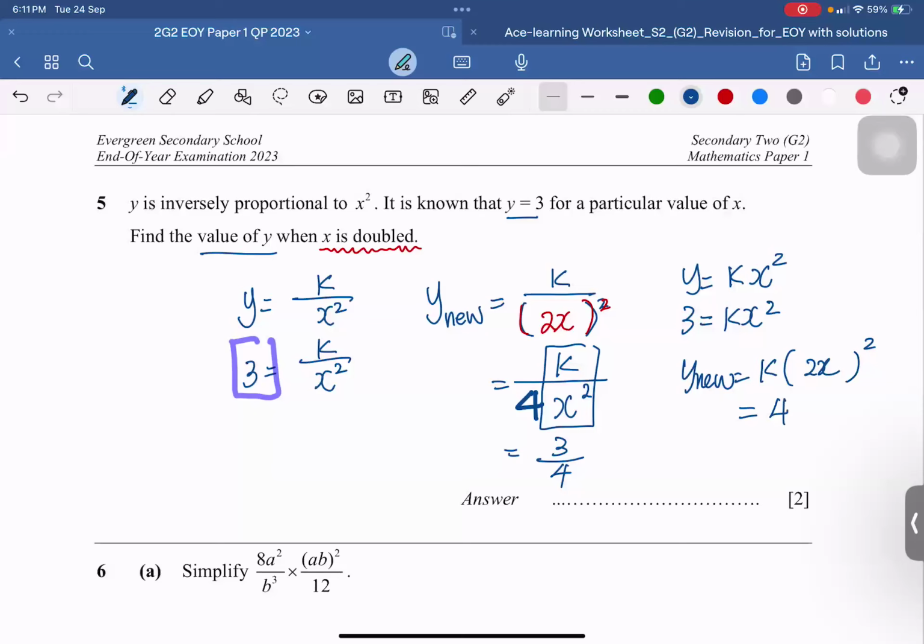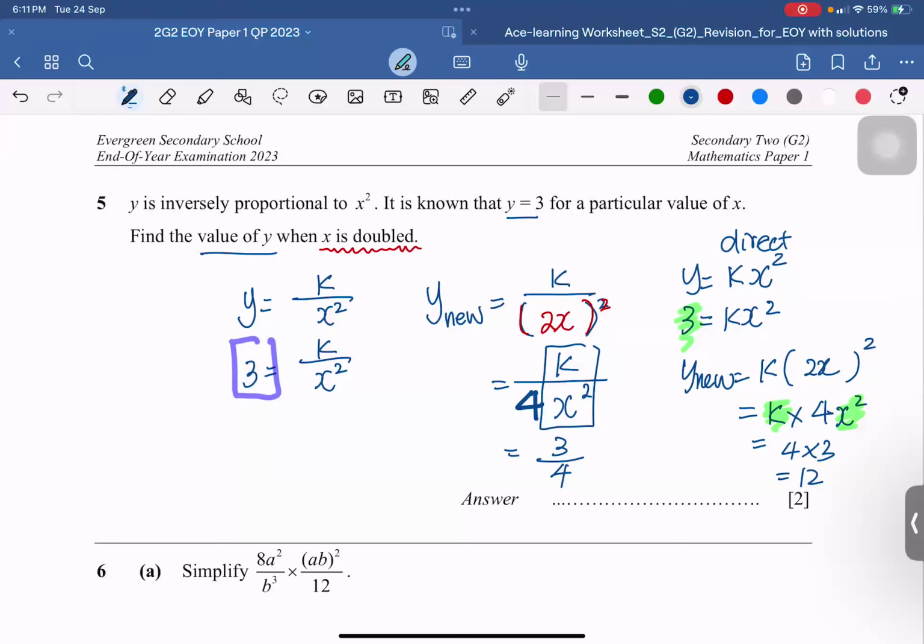So 4kx squared, or k4x squared also can. Maybe I write k times 4x squared. Then we know k and x squared equals to the number 3. So it'll be 4 times 3. Then you get the answer 12. So this one is for direct.